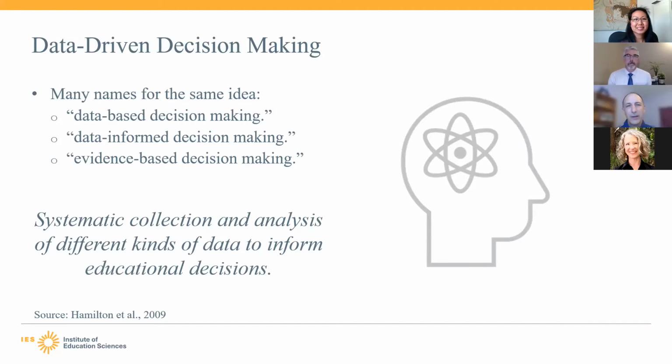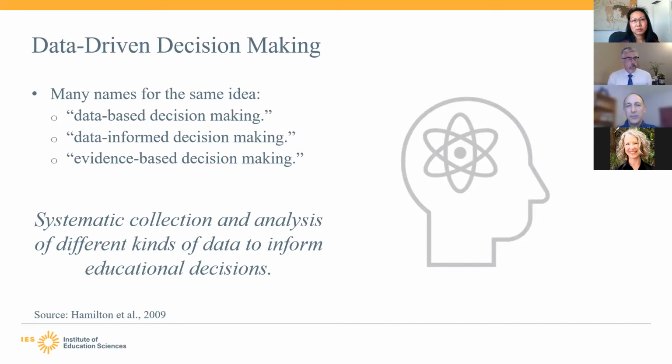In any discussion about data use, it's helpful to start with data-driven decision-making. And you'll see many names for the same idea. Some people call it data-based decision-making, or you'll hear data-informed decision-making, or evidence-based decision-making.